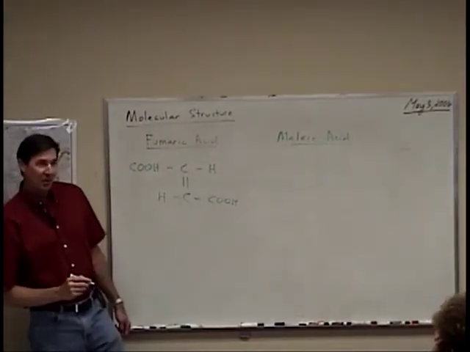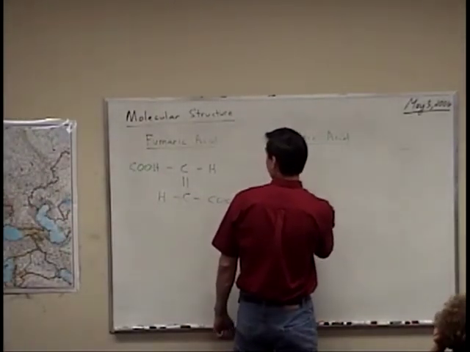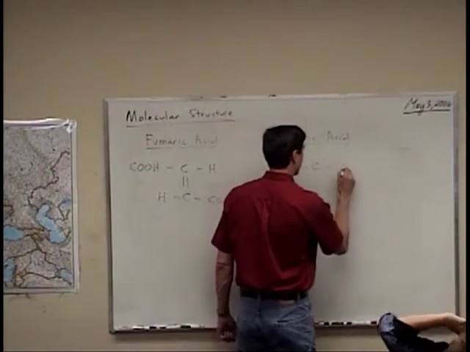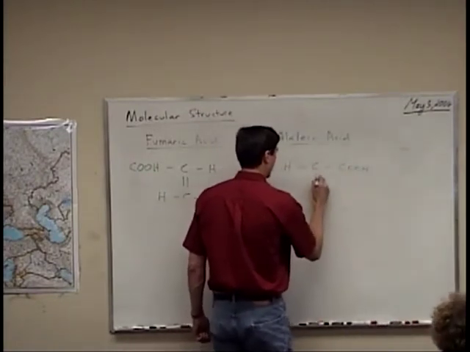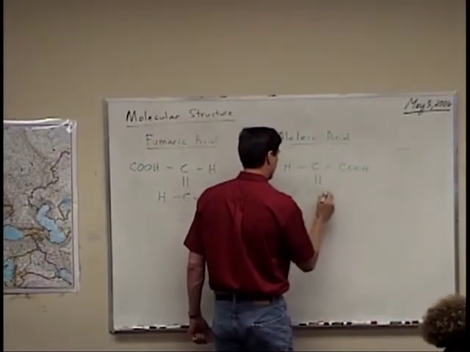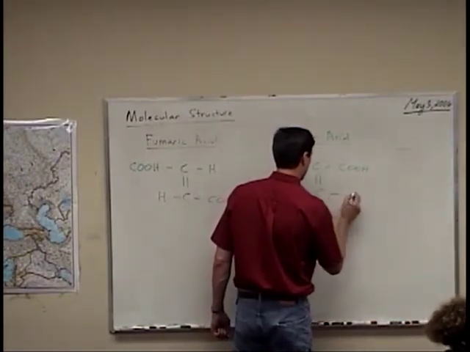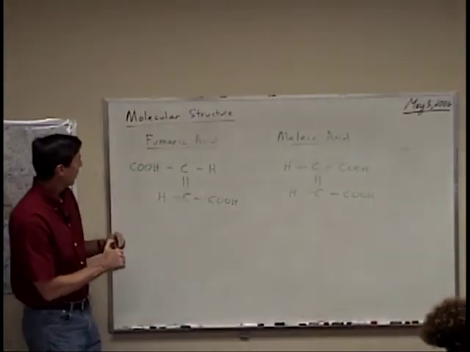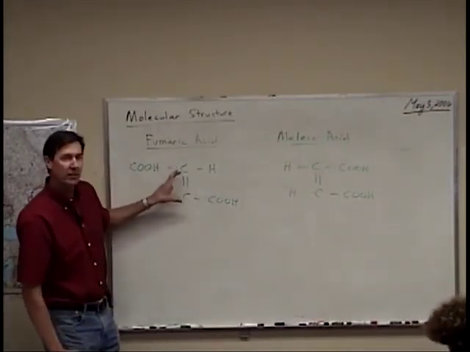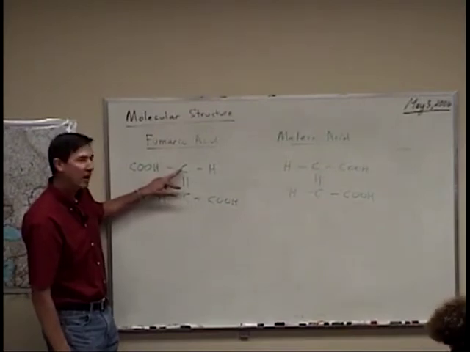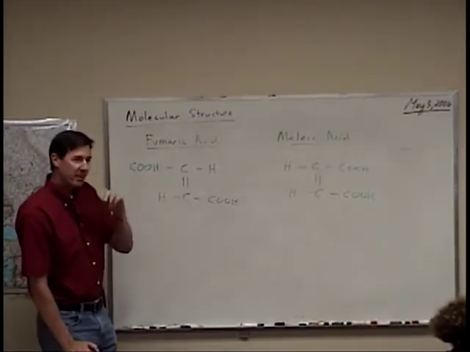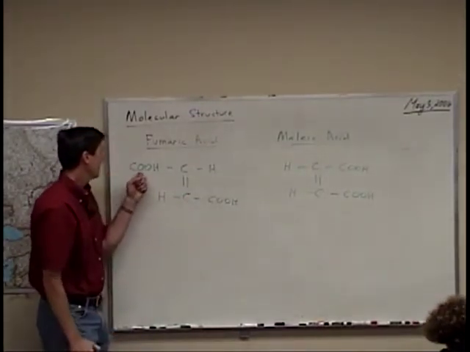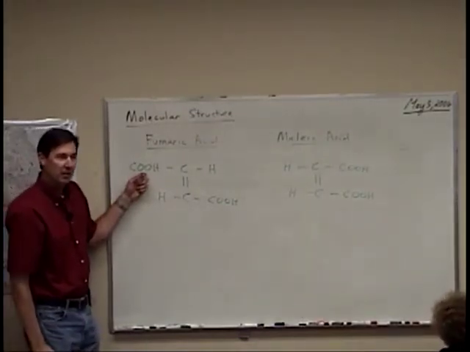Okay, there's one, and then you have something very similar, except in the second case... If you just look at the center of this molecule, you've got these two carbons that are double bonded to each other, and then each one of them is attached to a hydrogen on one side and this COOH group on the other.